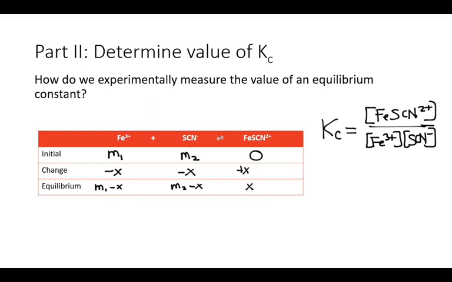In this case, we don't know the value of the equilibrium constant, so instead we're going to take advantage of the fact that iron thiocyanate, FeSCN, is red. We're going to measure its absorbance in order to determine the concentration. Once we know the concentration of FeSCN at equilibrium, that means we know the value of x, and now we can back calculate to find the equilibrium concentrations of the other components.